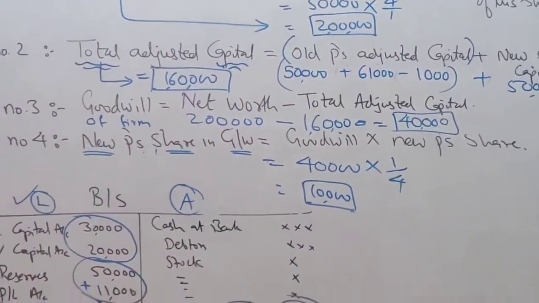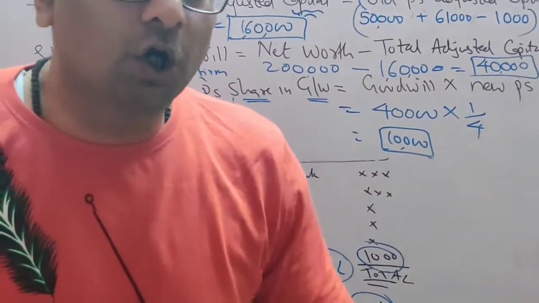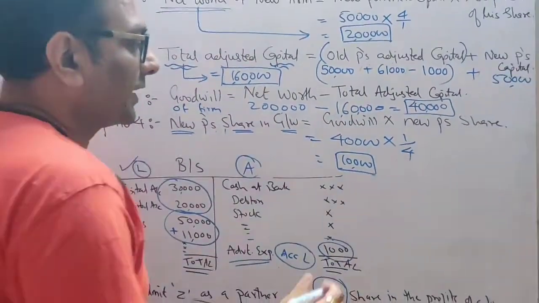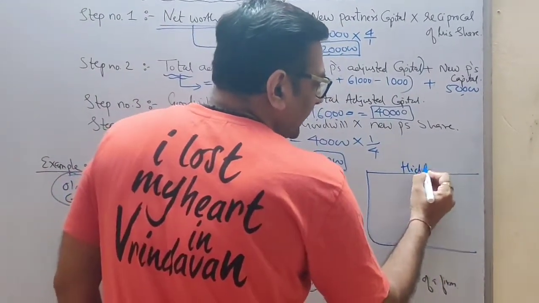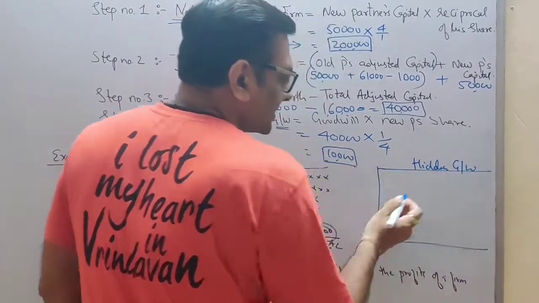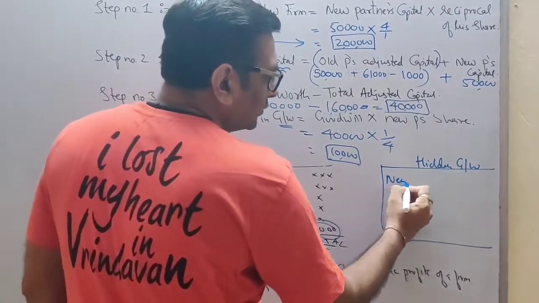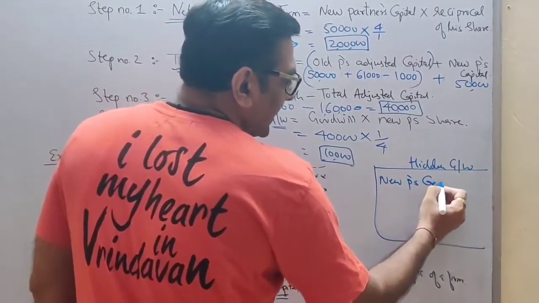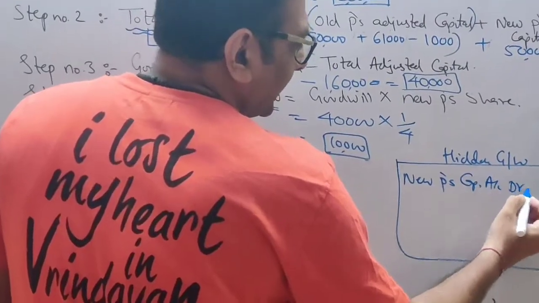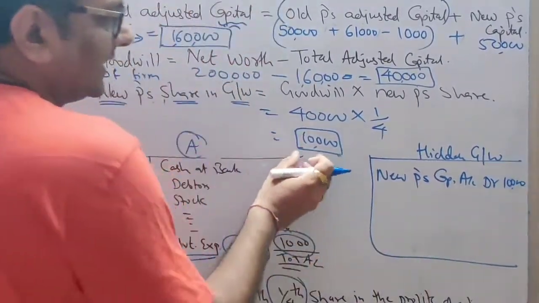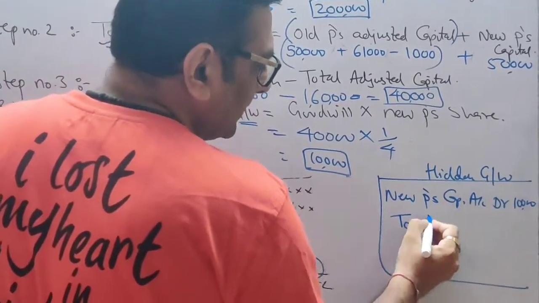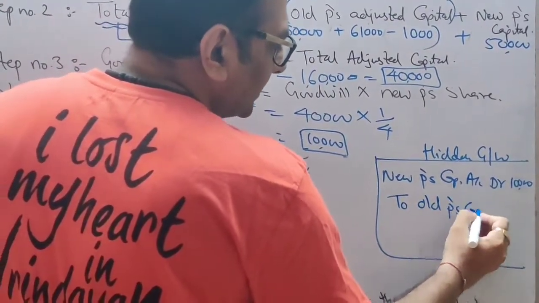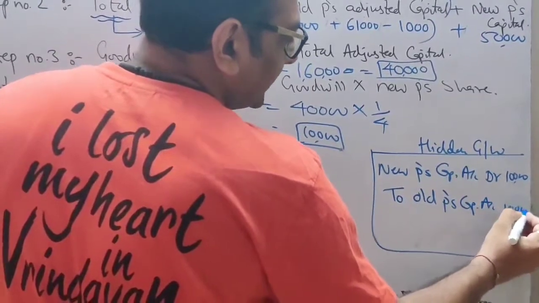Now the next question, students, is how to record it in the sum. See, I am writing it over here. How to record hidden goodwill: this is how you will record. New partner's capital account debit, in our example it is 10,000, to old partners' capital account 10,000.